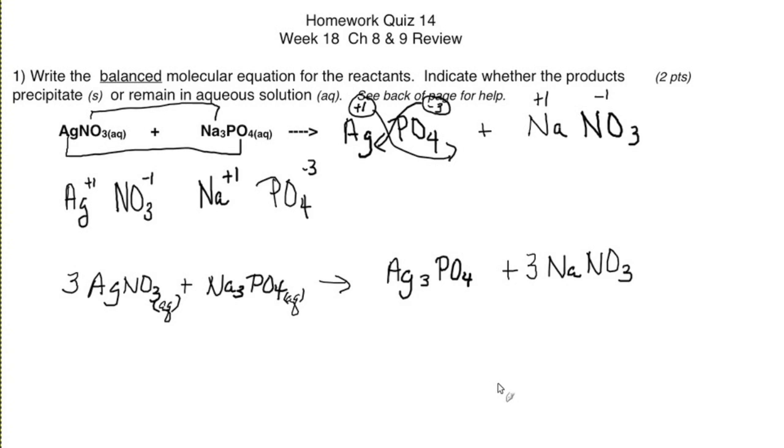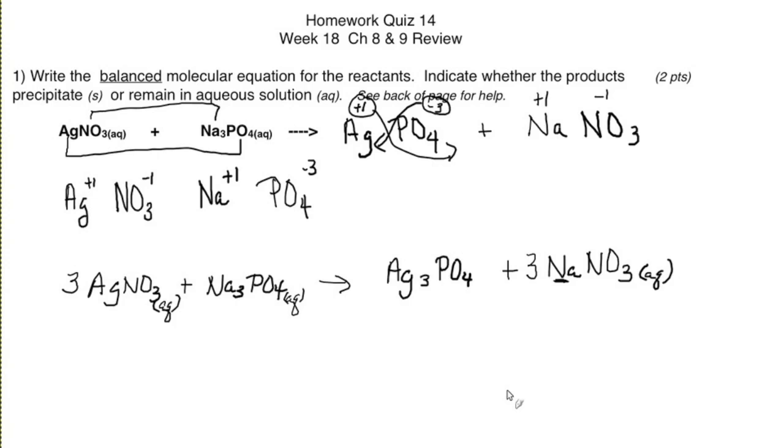Now, the second part of that is indicate whether the products precipitate or remain in aqueous solution. And we know that anything in group 1 is always going to be soluble. So this one right here tells us that this will be aqueous because it's going to dissolve. Nitrates also always dissolve pretty much. So that one is for sure aqueous. Then the other one, silver phosphate, we're probably going to have to look at our solubility rules to see.